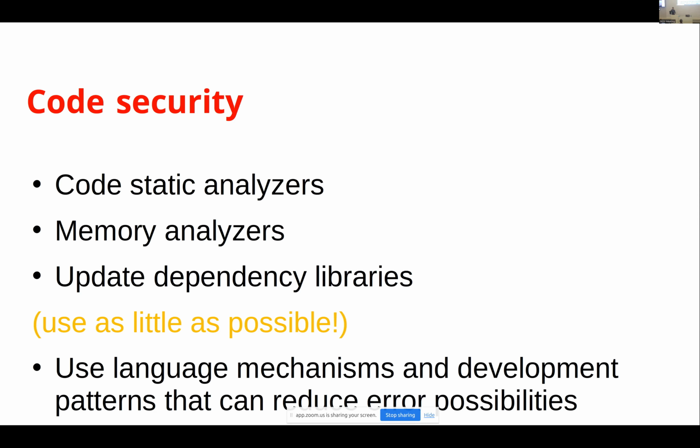So we always try to validate. Of course, we will not re-implement SSL, so we use the OpenSSL library. We have to update it because they find security issues all the time in OpenSSL. Sometimes you have to update quite fast.